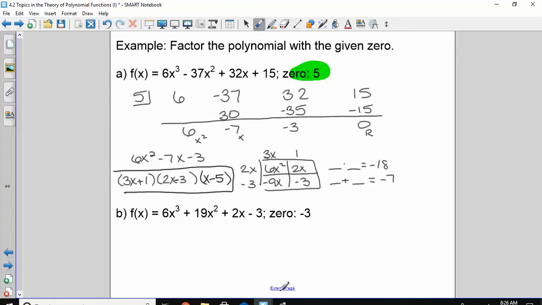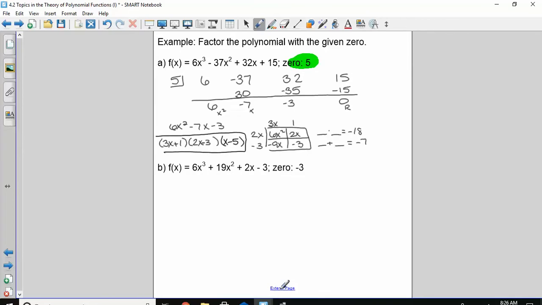Do you guys want to start the next one on your own? Okay, so I've given you a polynomial. I'm telling you negative 3 is the first 0. Why don't you start that one?